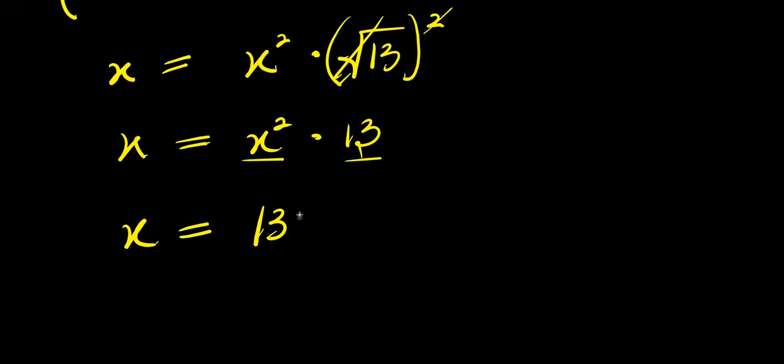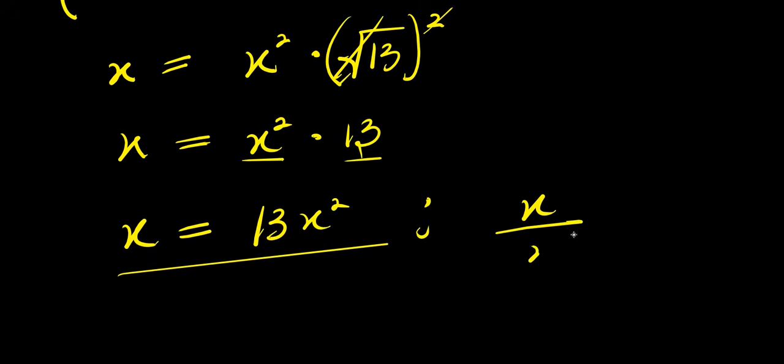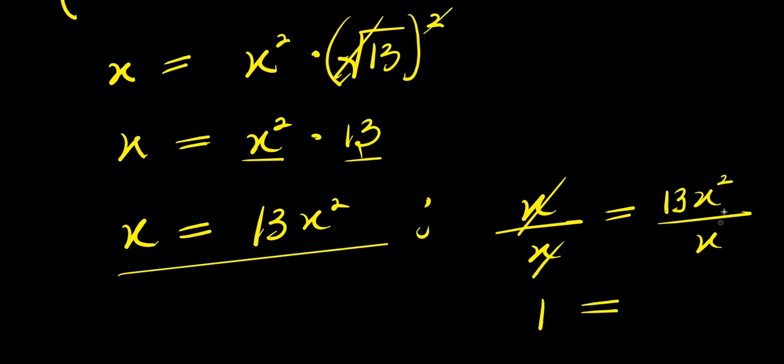This is 13x squared, and I can decide to divide each part of this equation by x. So I have x divided by x equals 13x squared divided by x. This cancels this, I have 1 equals, for this x here is raised to the power of 1, so I can subtract the exponent because the bases are the same.